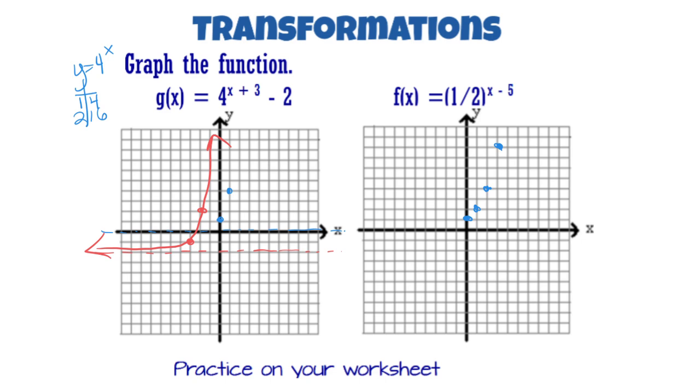So those points are really all reflected over to here and here and here. This is exponential decay, actually. This point won't reflect, won't change where the asymptote is. But I also have to take everything and now move it down 5. So I'm taking my green dots and going down 5.